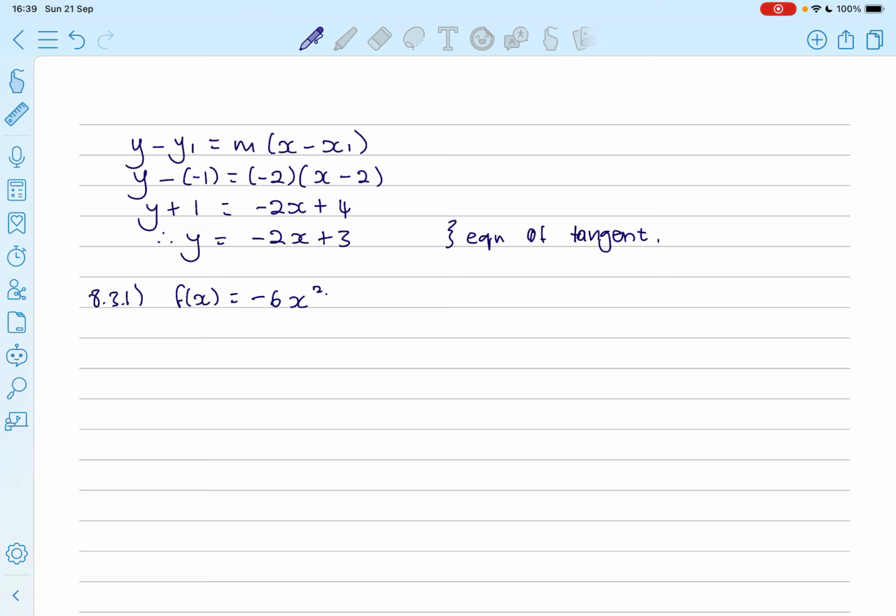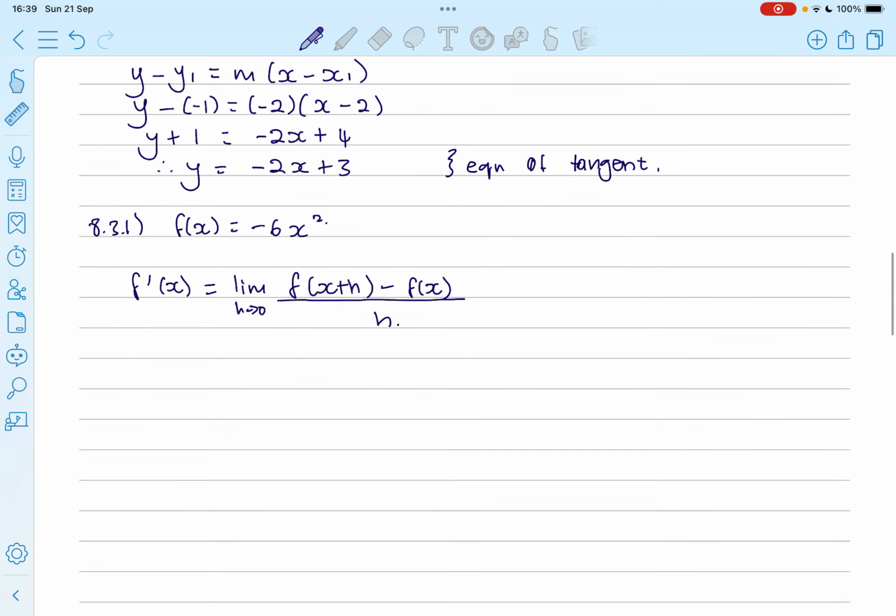Now you should always start by writing the first derivative in terms of first principles. So that's f prime of x is equal to the limit as h approaches 0 of f of x plus h minus f of x, all over h.